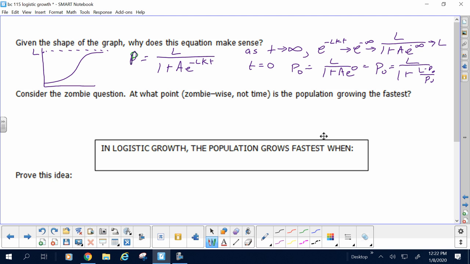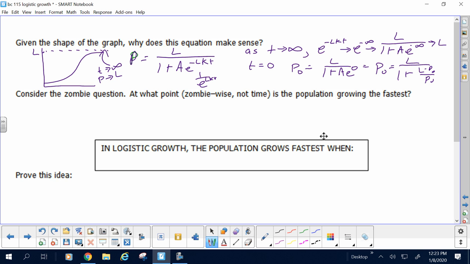Okay, how did I get e to the negative infinity? As time goes to infinity, would you agree that on the graph the population should be starting to approach the carrying capacity, according to our graph model, yeah? So what I'm trying to show is that the equation would bear that out. Remember, e to the negative LKT is like 1 over e to the LKT.